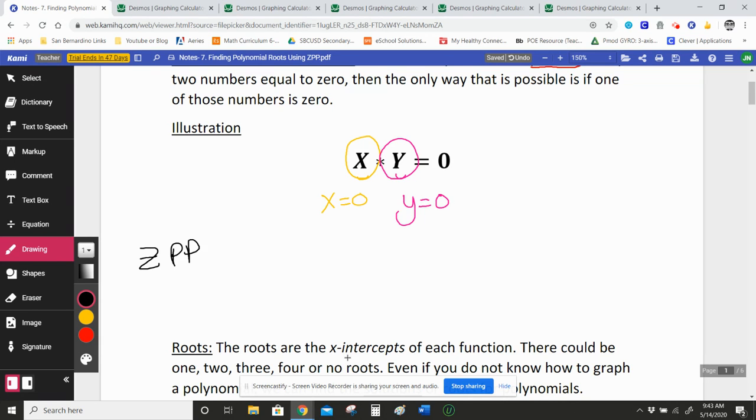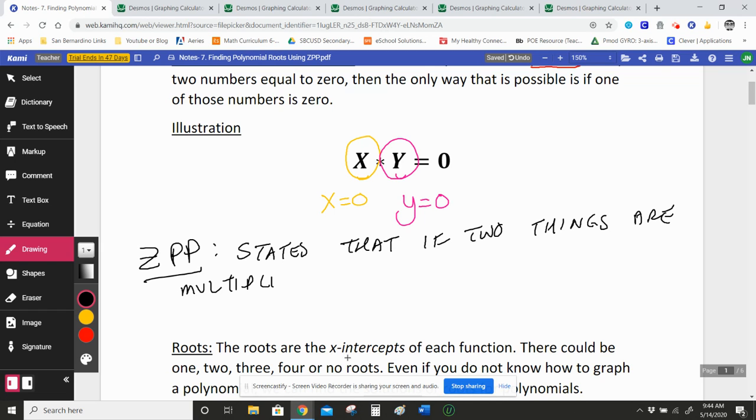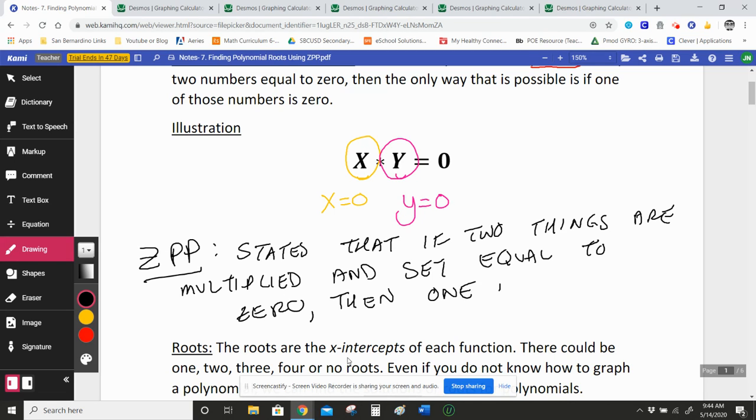The zero product property, sometimes abbreviated as ZPP, states that if two things are multiplied together and set equal to zero, then one must be zero.